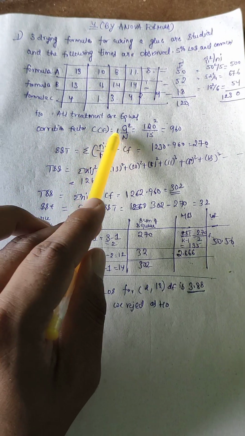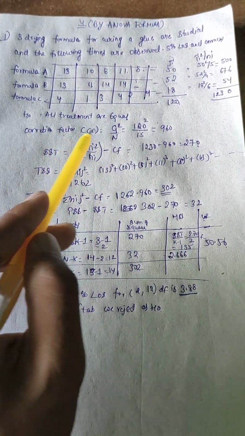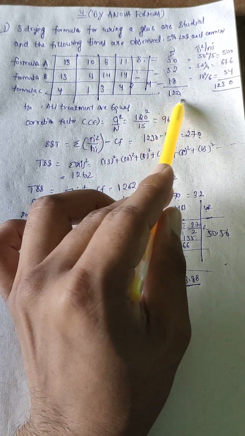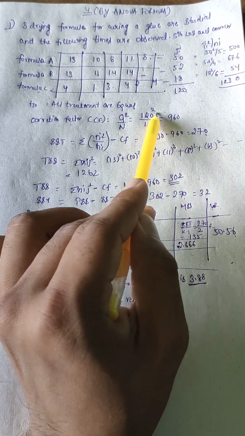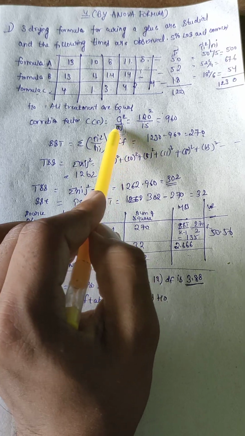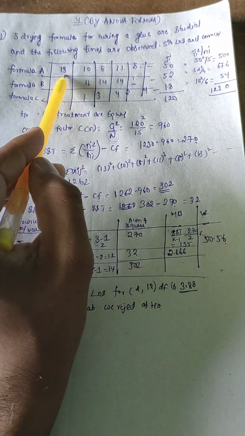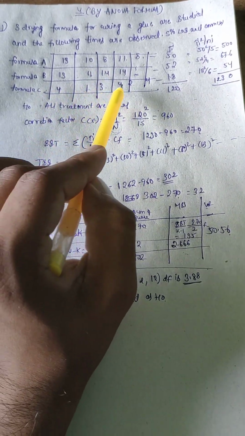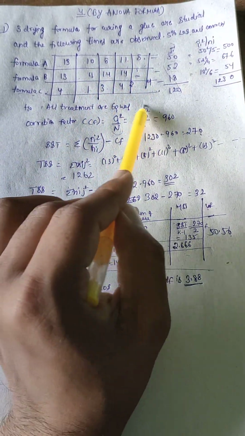From all the treatments, the correction factor formula is G square by N. So here G square is 120 square, divided by N, the total number of terms, which is 1, 2, 3, 4, 5, 6, 7, 8, 9, 10, 11, 12, 13, 14, 15, so divided by 15.